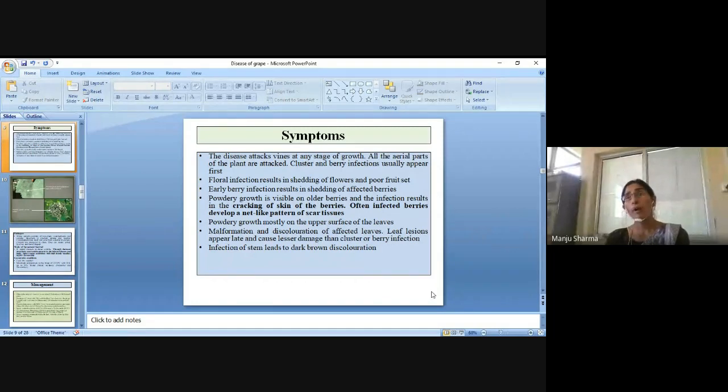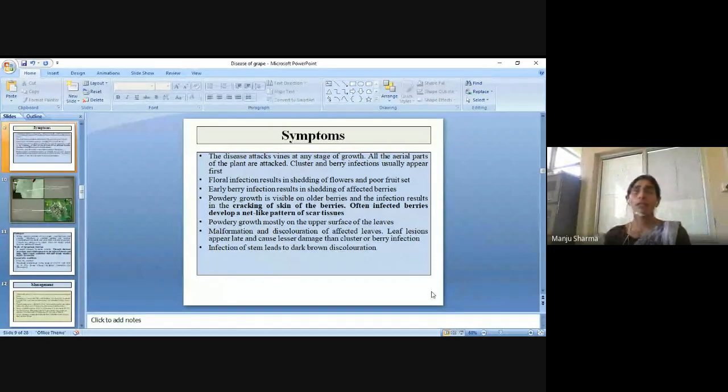Like in powdery mildew, basically the powder like appearance is there, but in downy mildew it's different, and the symptoms we can see on the upper surface of the leaves.